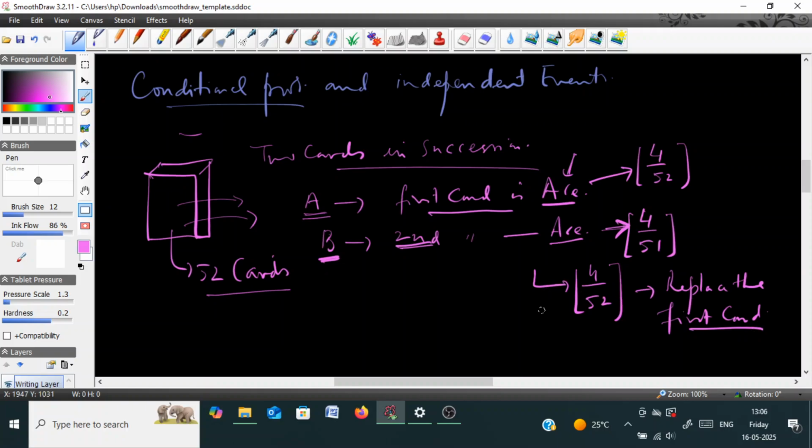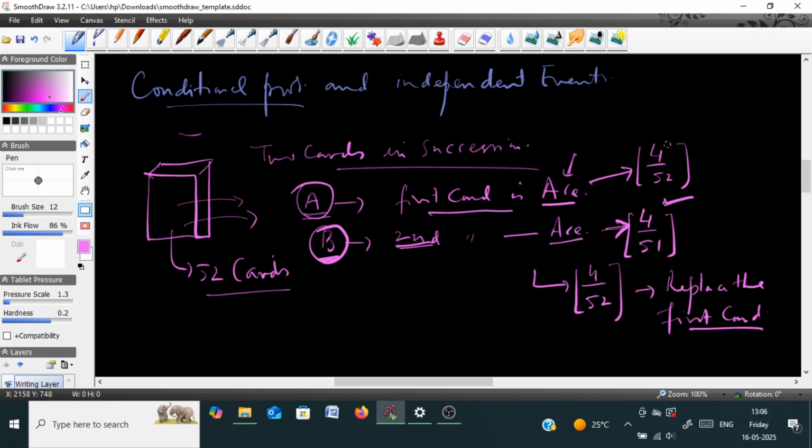If I replace the first card before drawing a second time, then the probability of B will not be affected by A. But if I don't replace the first card and I draw another card, then the probability of getting an ace in the second draw becomes 4 by 51. So the probability of event B depends upon whether event A occurs or not.